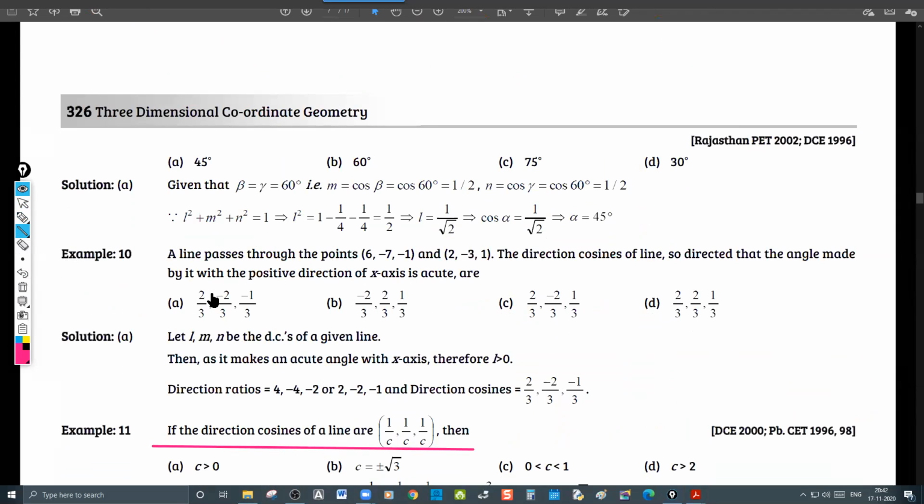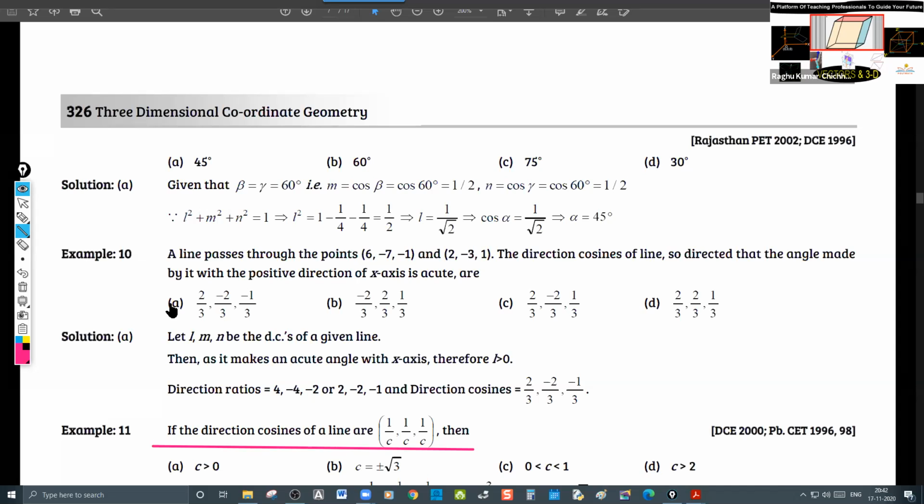DCs of a line are given to be 1 by c, 1 by c, 1 by c. Then he is asking about c. Let's see.